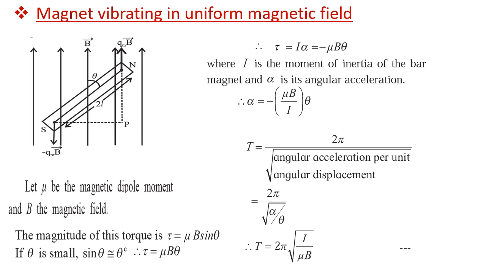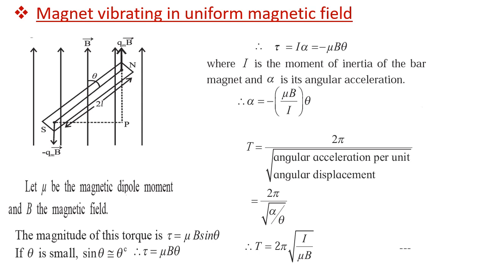And the presence of the negative sign indicates that they are directed opposite to each other, and because of that we can say that the bar magnet placed in a uniform magnetic field performs angular simple harmonic motion.